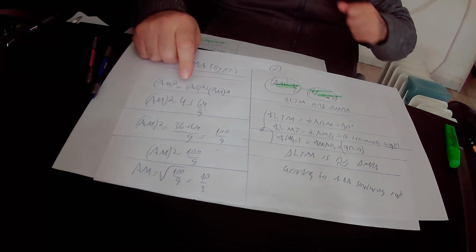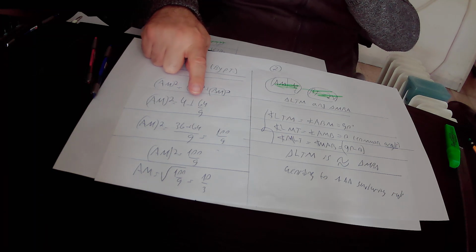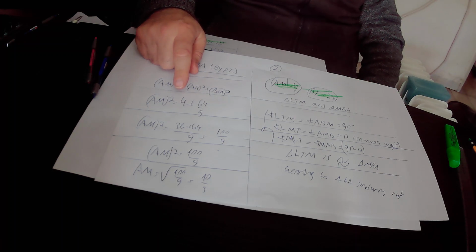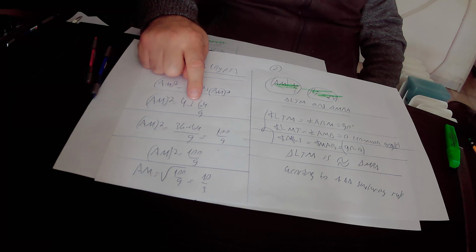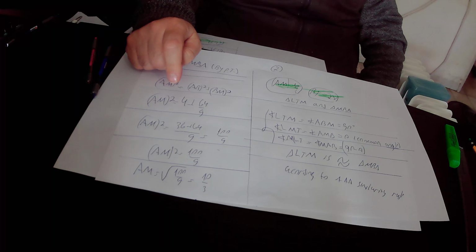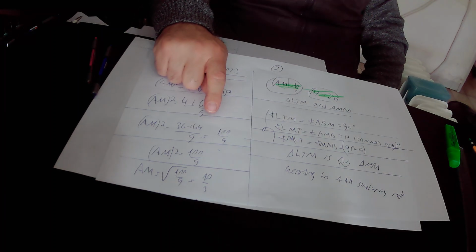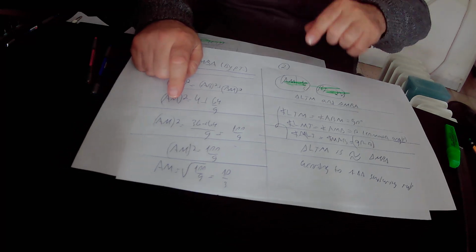Here we multiplied 4 by 9 and then divided by 9 in order to have a common denominator of 9. And we found that 4 times 9 is 36, plus 64, over 9 equals AM squared. 36 plus 64 is 100, divided by 9. So we found that AM squared equals 100 over 9.